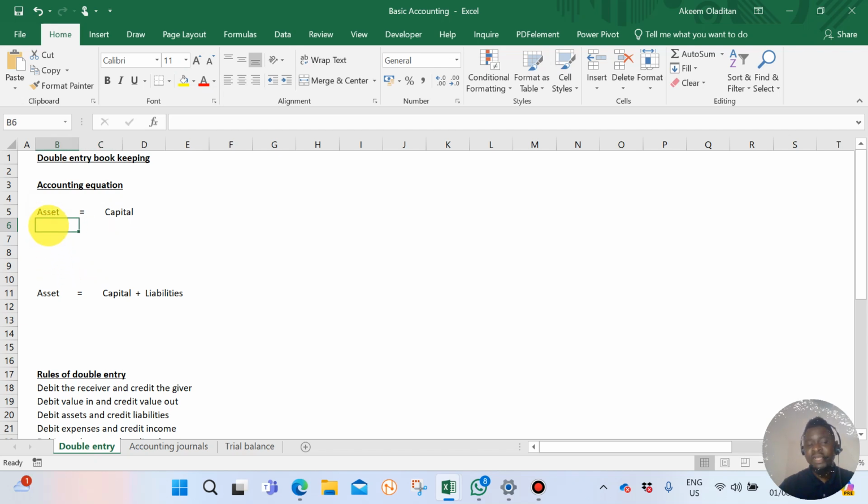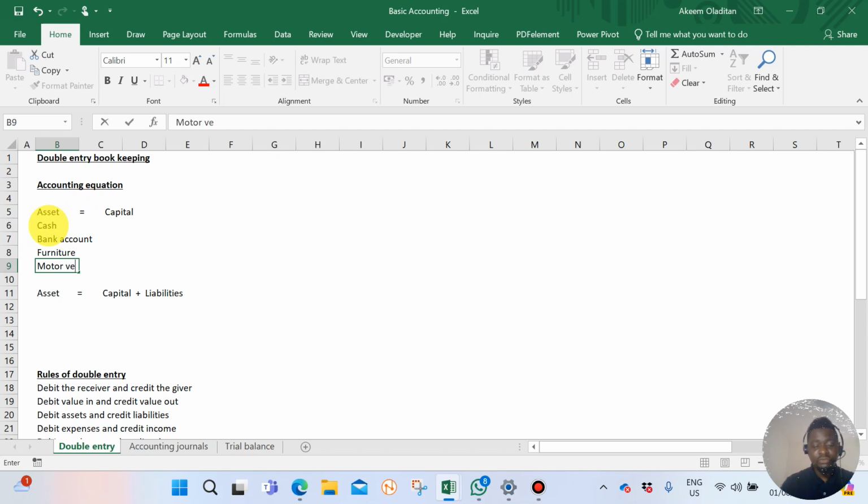So like I was saying, what are the components of assets that we should be looking at? Cash itself is an asset. A bank account is also an asset. It can be furniture you brought into the business, which is an asset. It can be a motor vehicle.